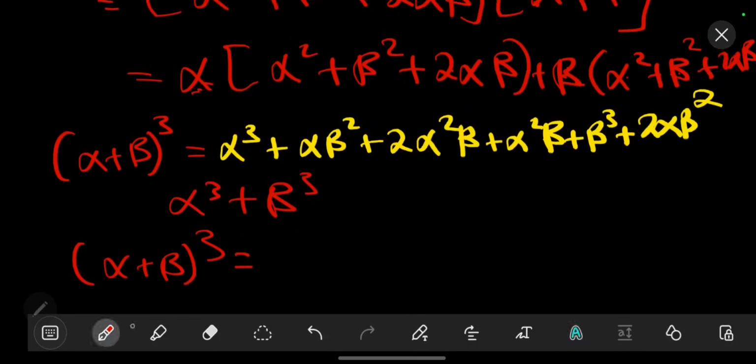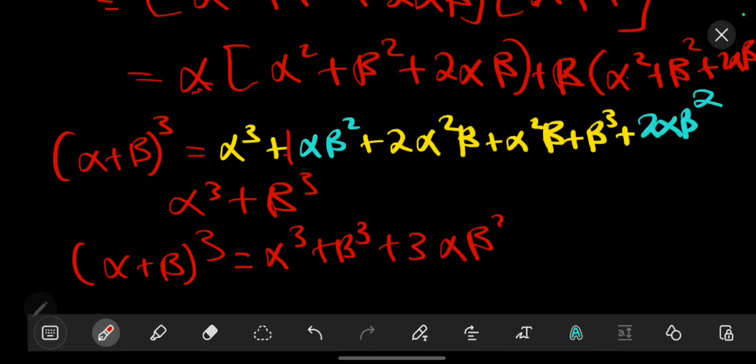Let's begin by just putting these close. So we have our alpha cubed plus our beta cubed, like that. Then let's add whatever is similar. The terms that are similar are this one and this one. So our 1 plus 2 will give us plus 3 alpha beta squared.